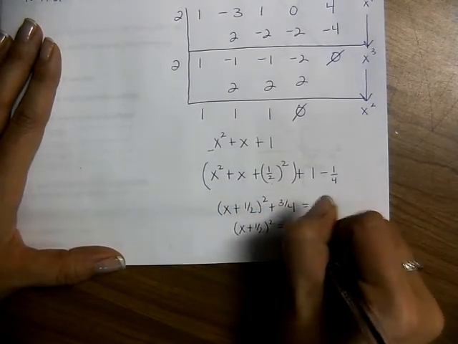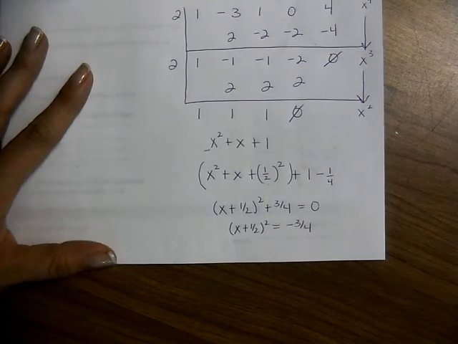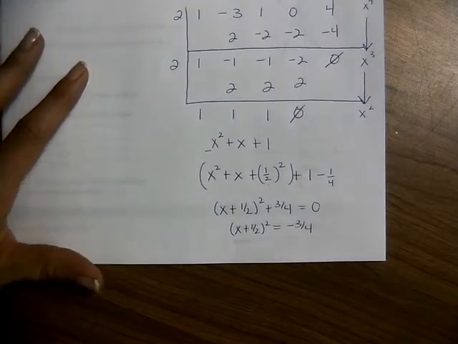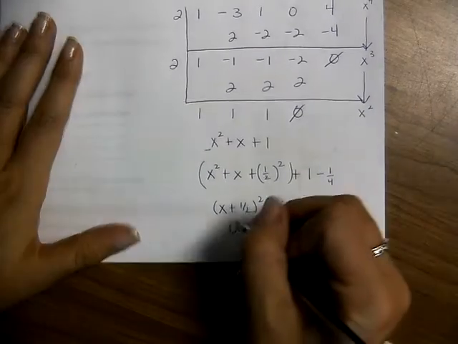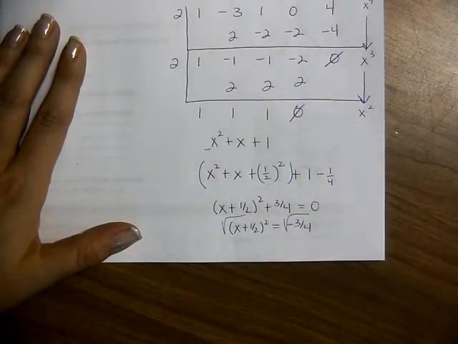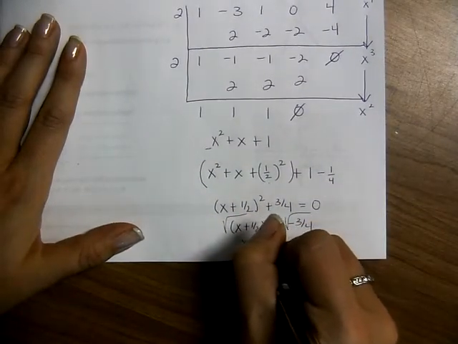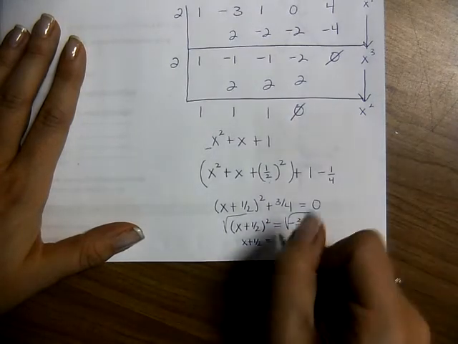Now, before when we did this, I would see I had to take the square root of a negative. And so I would quit. I'd say no solution. But now we've done 2.4, right? So we know how to deal with this. And because we're looking for all of the zeros, we are also going to list the imaginary ones. These are the imaginary solutions of this graph. So we're going to take the square root of both sides. Okay? This is going to give us x plus 1/2 equals.